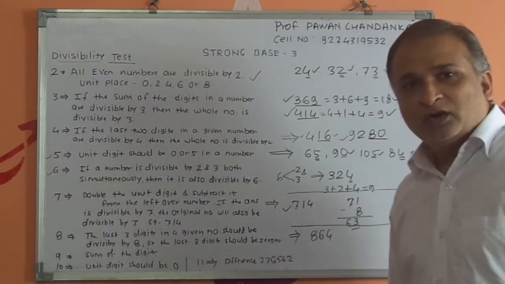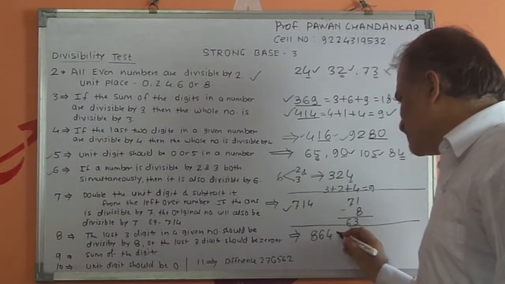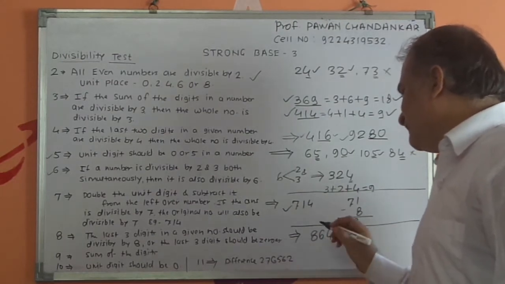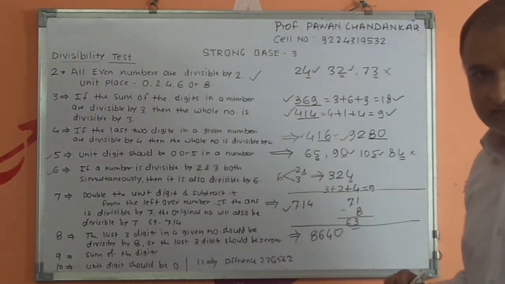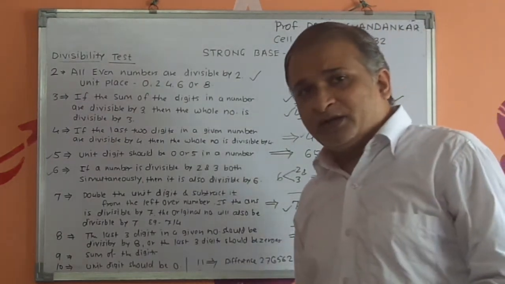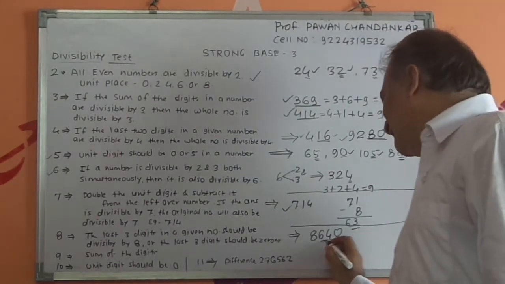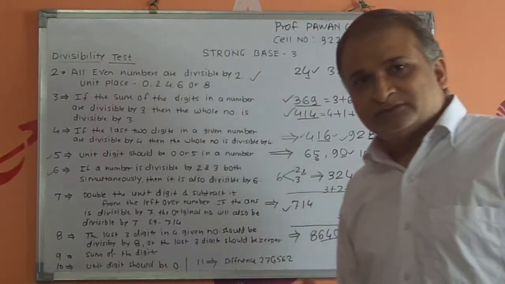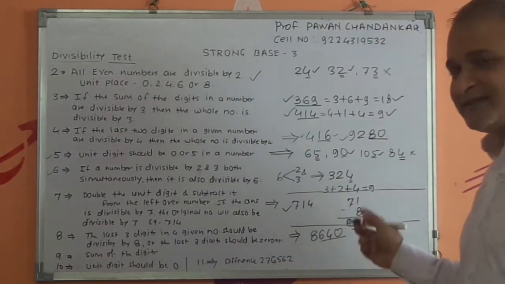Look at this. 864. Look at these numbers. 864. Let me add one more 0 over here. The number is 8640. Is this number divisible by 8 or not? How will you come to know? We will look at the last 3 digits in this number. The last 3 digits are 640.